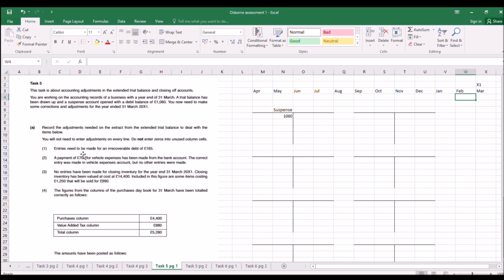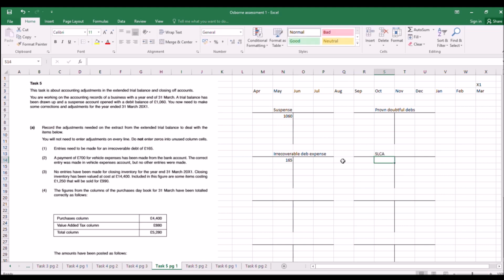Right, so entries need to be made for an irrecoverable debt of £165. So, provision for doubtful debts. Debts and irrecoverable debt expense. We'll have something like that there though. So it's £165. Oh, hang on, so irrecoverable debts. So, alright, hang on a second. Sales ledger control account.